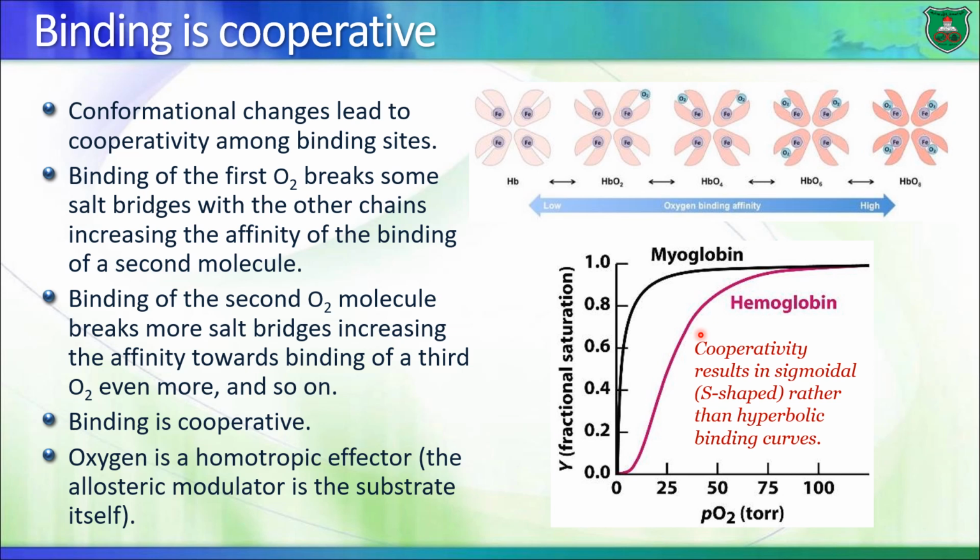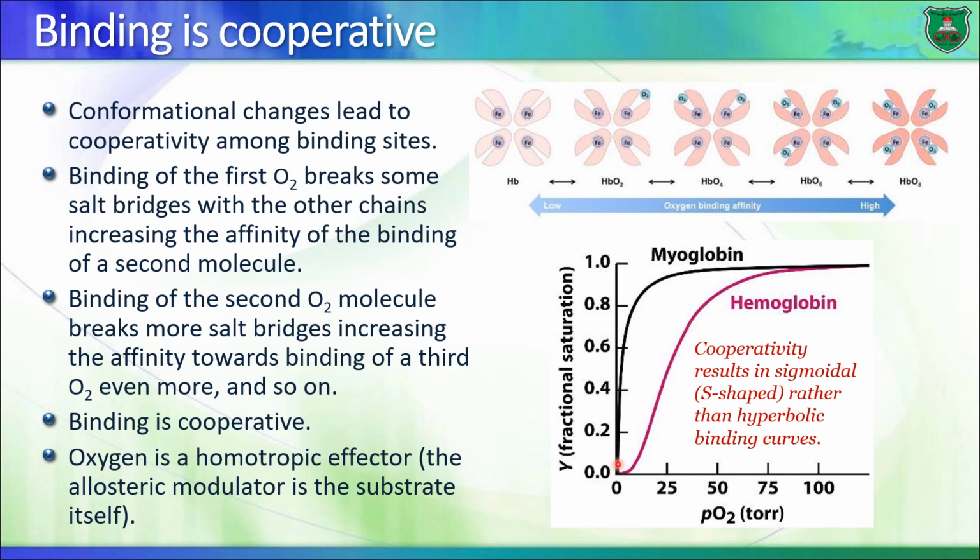What we mean by cooperativity is that binding of the first oxygen molecule to hemoglobin makes it easier for the second oxygen molecule to bind to the second site. And that makes it even easier for the third oxygen molecule to bind to the third heme. And that makes it even easier for the fourth oxygen to bind to the heme, that is. Okay? So that's exactly what we mean by cooperativity.